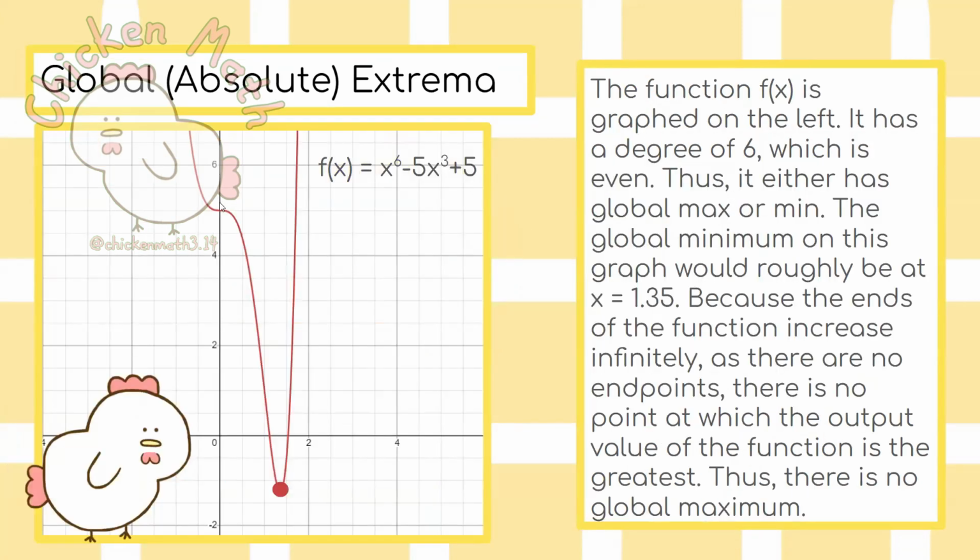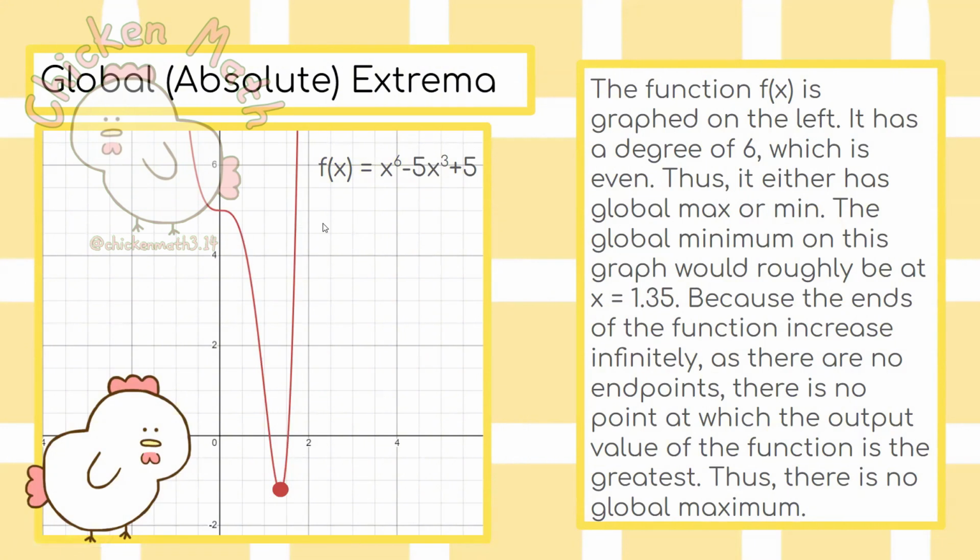This is a third example. This is x to the sixth, which is an additional even degree polynomial. So you can see that it does have an absolute extrema here due to the fact that it has an even degree.